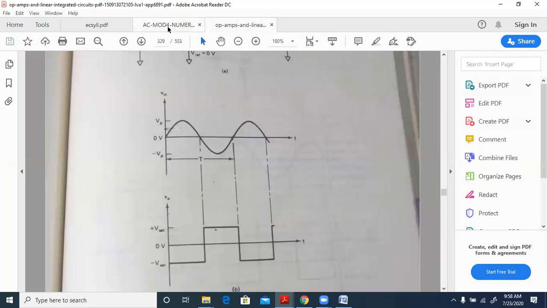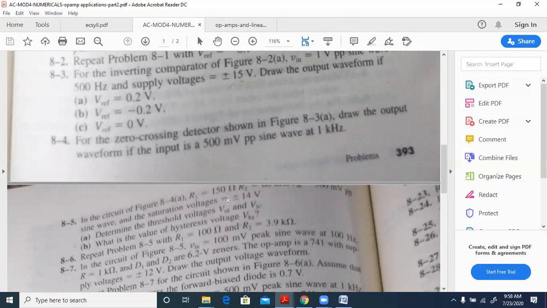Now let us go to the next problem. It's a little invisible, so therefore I'll tell the values. Please write down those values, as they are missing from the photocopy we have taken. Here R1 is equal to 150 ohms. R2 is equal to 68K.